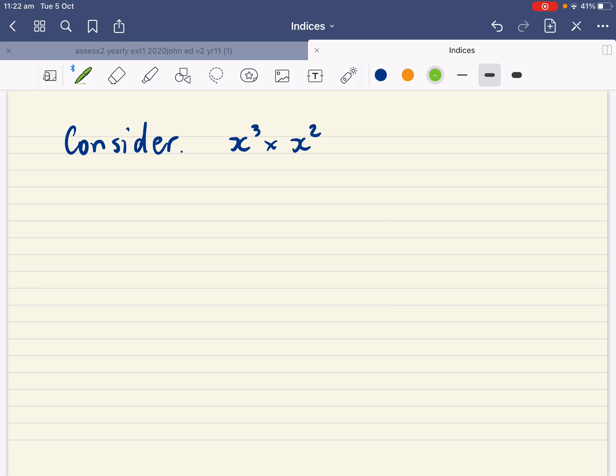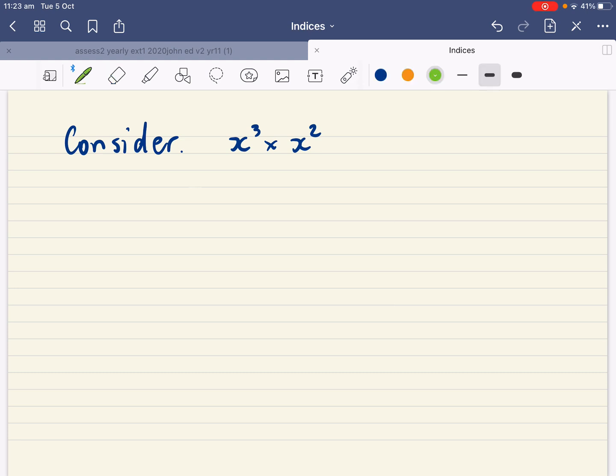Well, we've learnt what a base and index is. But as far as actual skills, we've learnt how to write in expanded notation and how to write in index notation. So let's do that. Let's look at x cubed. What actually is x cubed?